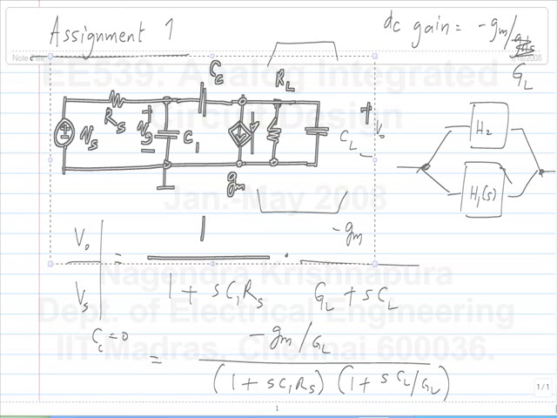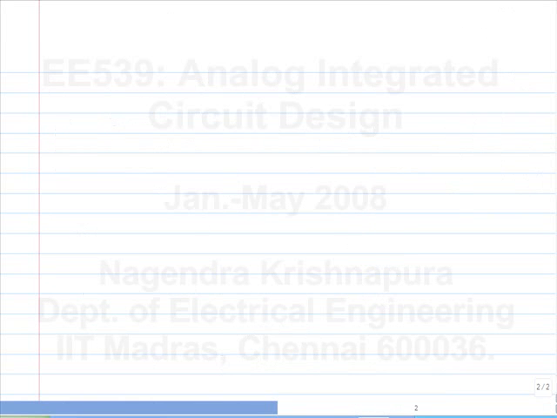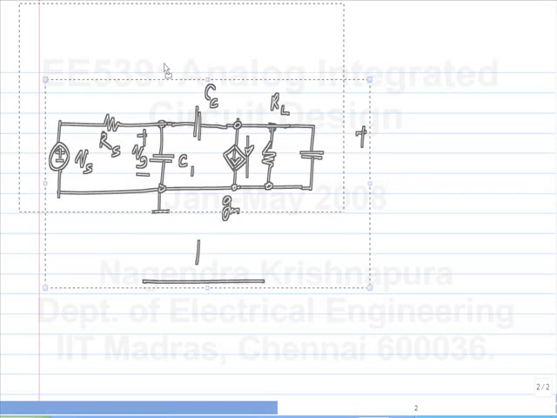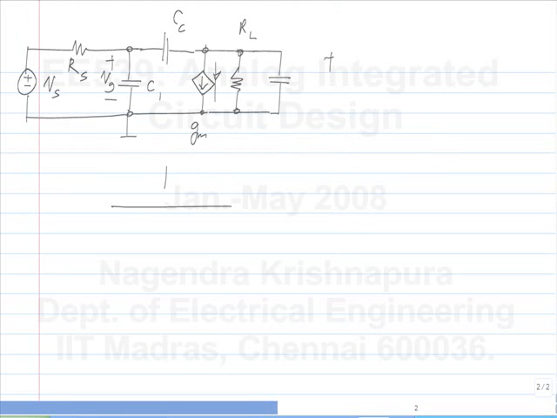Did anyone have difficulty setting up the equations for this? So I set up the node equations. This is Vg and this is Vout. Okay.